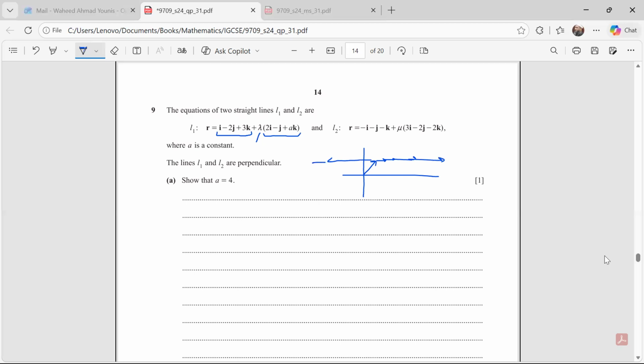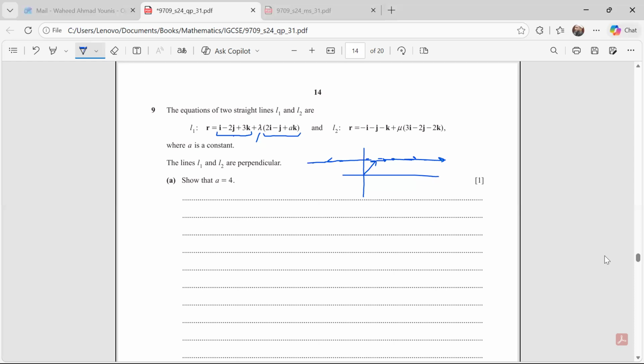So this is the line I'm talking about. The first vector gives the position of this line, and the second vector gives the orientation of this line. This is how we express our line in terms of two vectors and a real number.